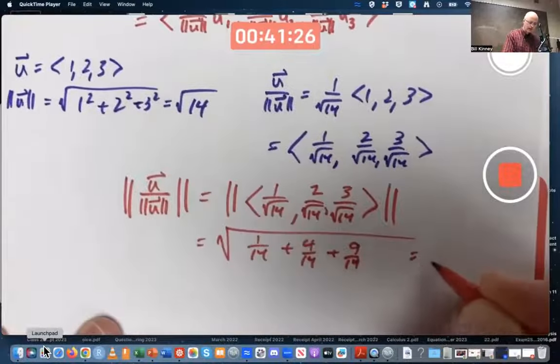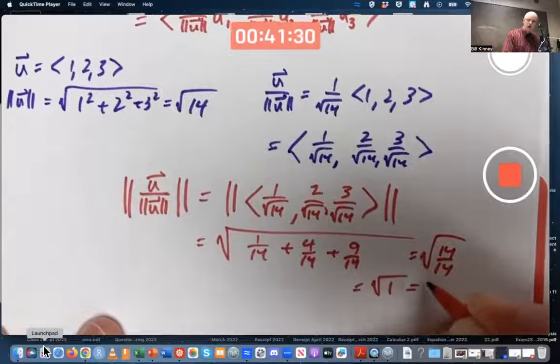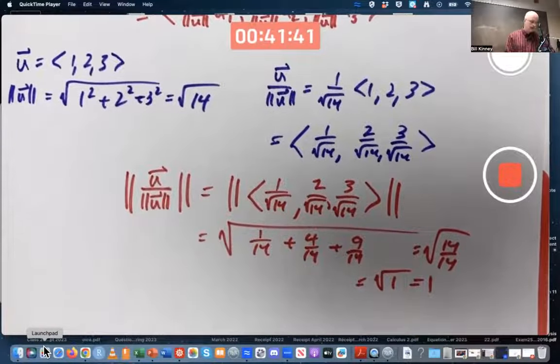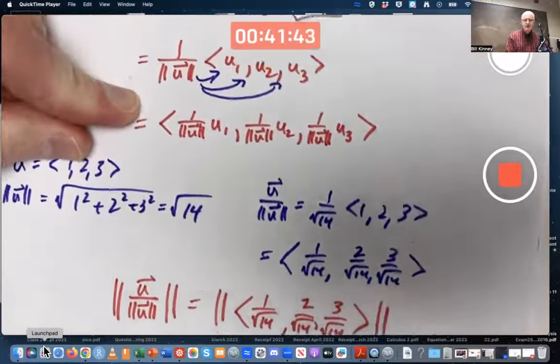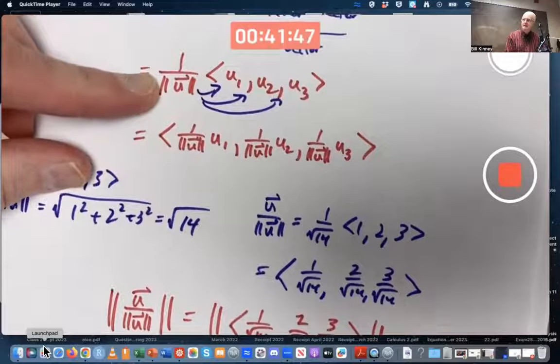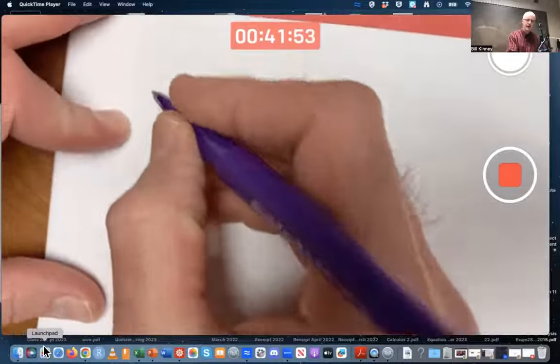It ends up being the square root of 14 over 14. Square root of 1 is 1. It is a unit vector. It's got length 1. I multiplied the vector here by this scalar component-wise. It was a particular kind of scalar, but you can always multiply any vector by any scalar in the same kind of way.